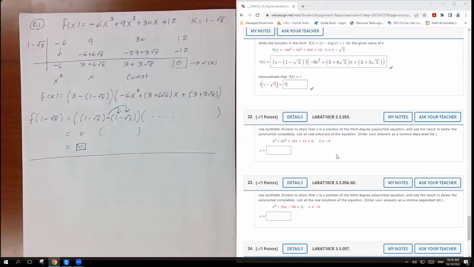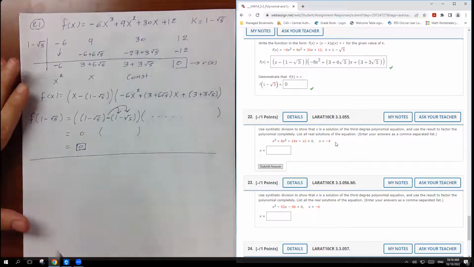Here we go. Now let's go to the next example, 22. They ask us with the 22, list all real solutions or the zeros. If you remember from the previous section, the zeros mean the factors. So that means we need to factor this polynomial. And they're telling you x equal -4 is the first factor. So let's check here.